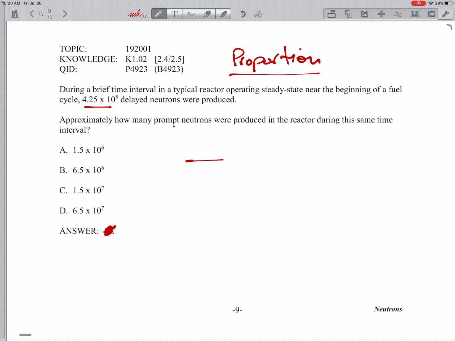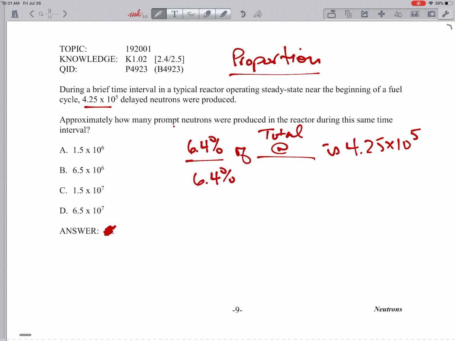So 6.4% of total neutron population is 4.25 times 10 to the 5th. All right, so 6.4% times total neutrons equals 4.25 e to the 5.